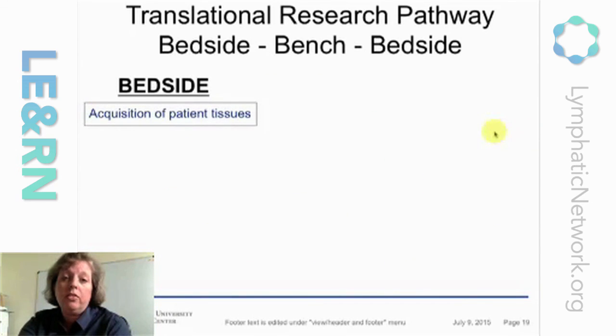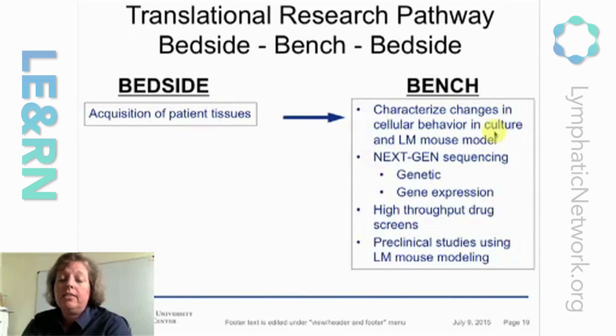So just to summarize, what bedside to bench to bedside is. It's an acquisition of patient tissue, so again, patient involvement is critical in this. It's then going to the bench, characterizing changes in the cellular behavior in culture, and developing the LM mouse model to understand what is affected in different individuals.